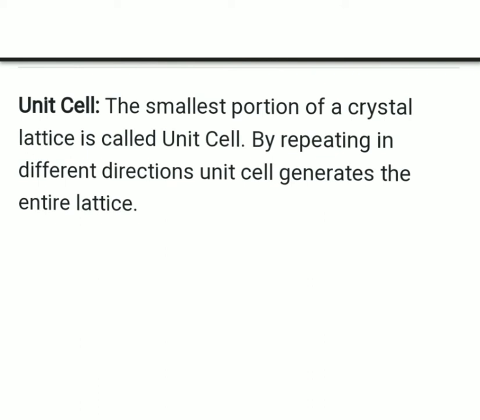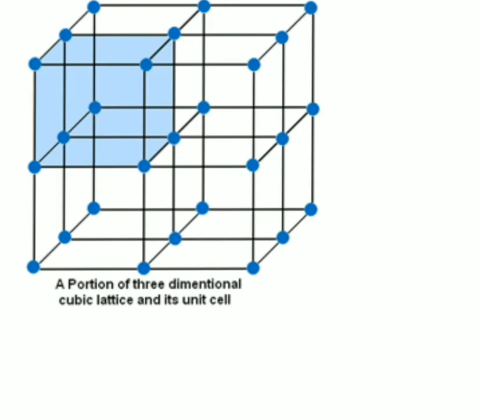Next is, what is a unit cell? Unit cell is the smallest portion of a crystal lattice, or we can say by repetition of this smallest portion we generate an entire lattice. See in this figure, this blue colored portion represents a unit cell.